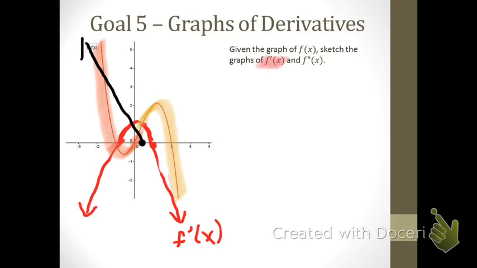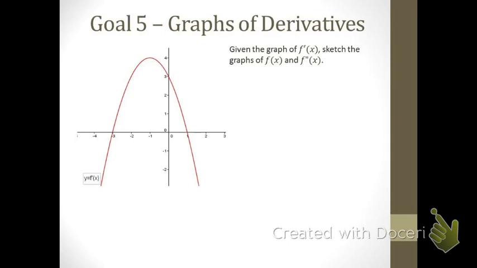Alright? There's the second derivative positive until it gets to the inflection point. And then it switches from concave up to concave down, which means that the second derivative is now going to be negative. Alright, there's the graph of the second derivative. Pretty cool, right?